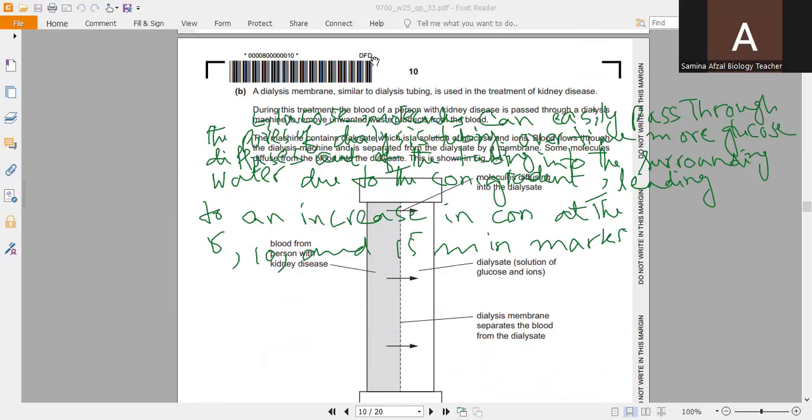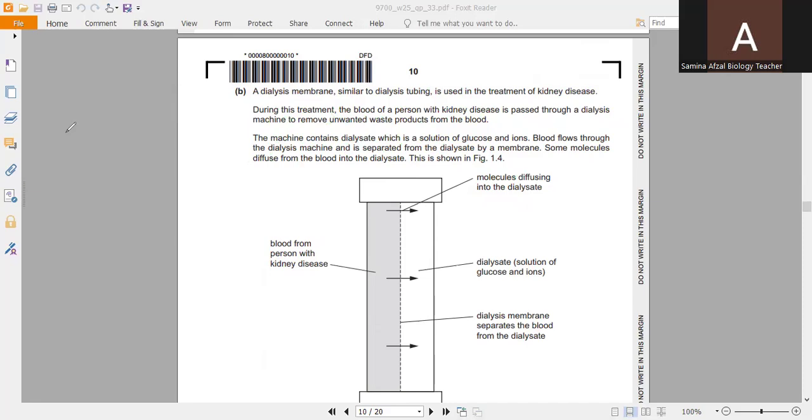Now, part B of this investigation: a dialysis membrane similar to dialysis tubing is used in the treatment of kidney disease. During this treatment, the blood of a person with kidney disease is passed through a dialysis machine to remove unwanted waste products from the blood. The machine contains dialysate, which is a solution of glucose and ions.